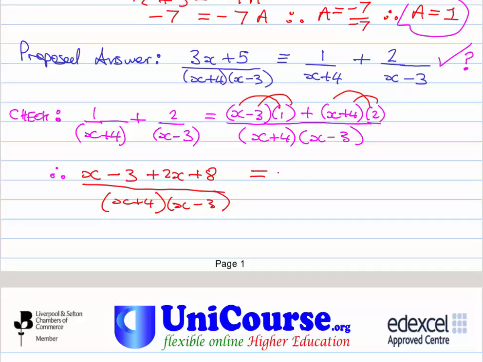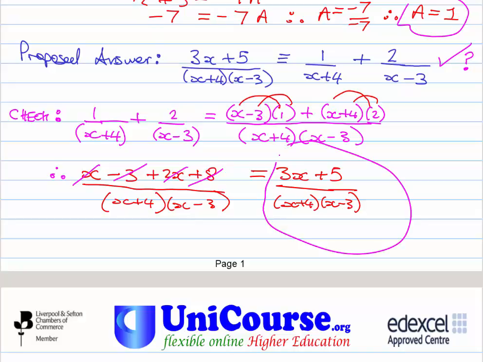Okay, let's tidy up at the top. And what we have is 3x. Okay, if we've looked at that x term, then we've added it to that 2x, and that gets it to 3x. And then we go for the minus 3, add 8, and that's going to give you plus 5 over x plus 4, x minus 3, which of course is the original question.